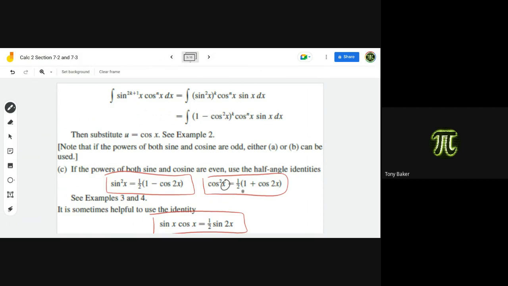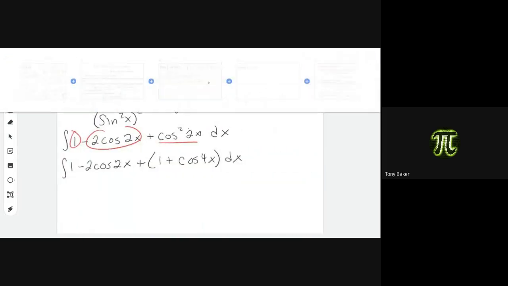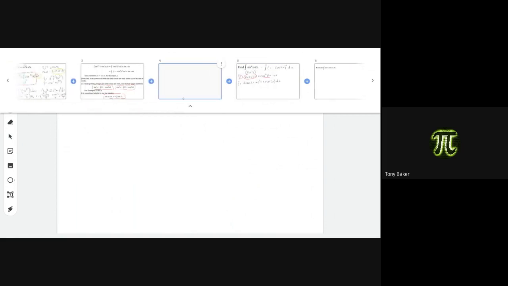So if that was 2x, then that x has to be 2x. So that's where the 4x comes from. We double our x value.